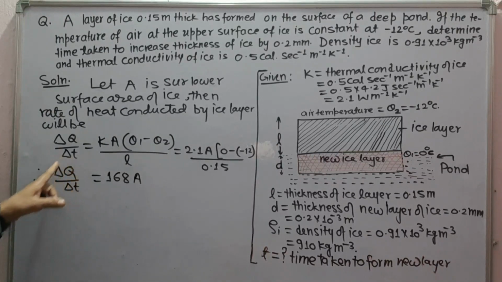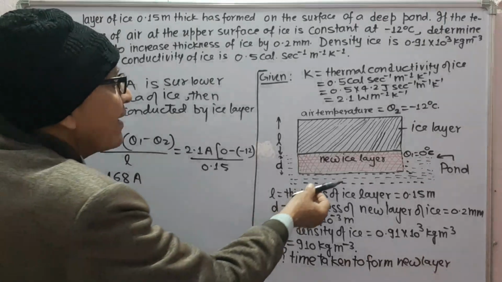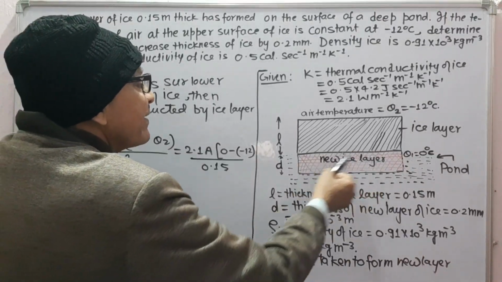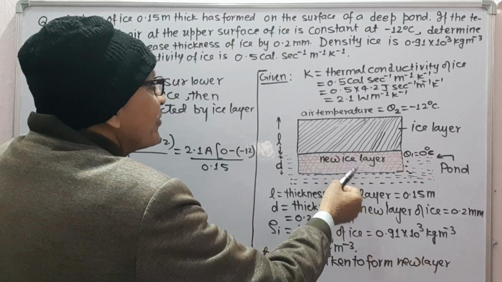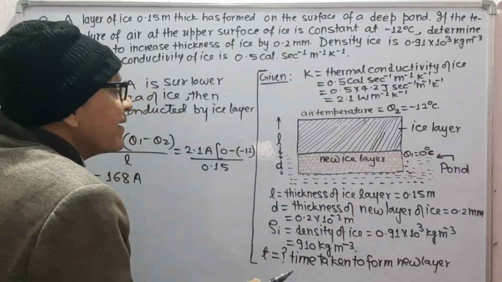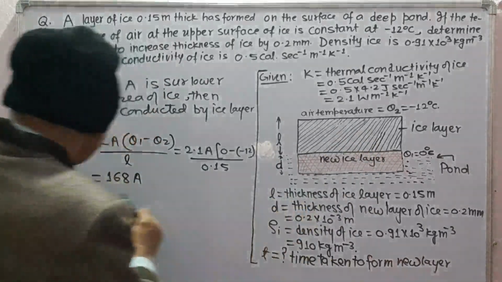Now this heat per unit time is lost by water here in the pond, which will condense into ice.